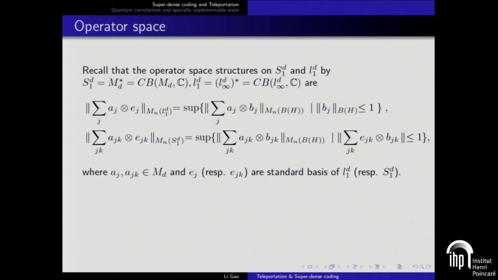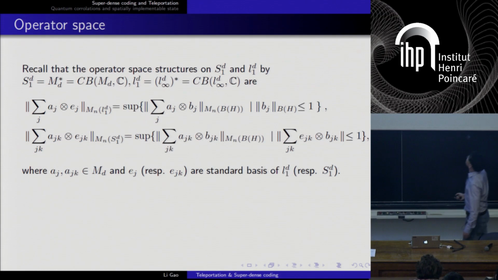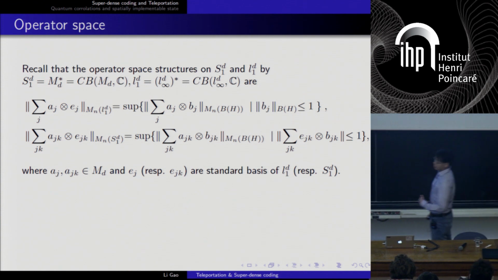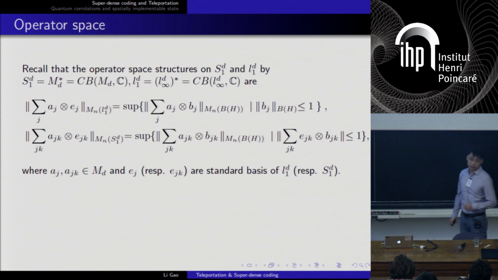And similarly, the matrix level trace class norm is given by the supremum of replacing the matrix units by entries of contractions. So at least we have an expression for the operator structure of these two spaces.